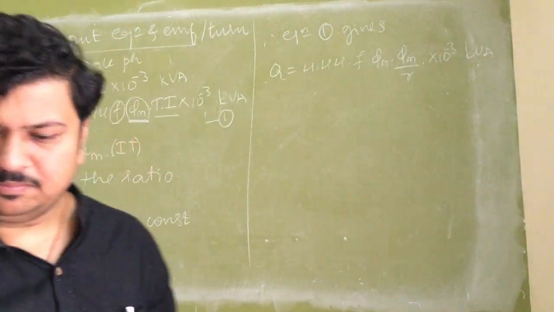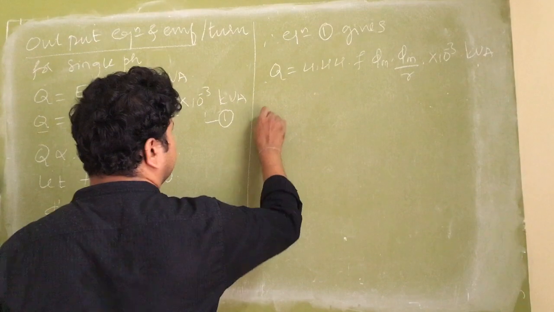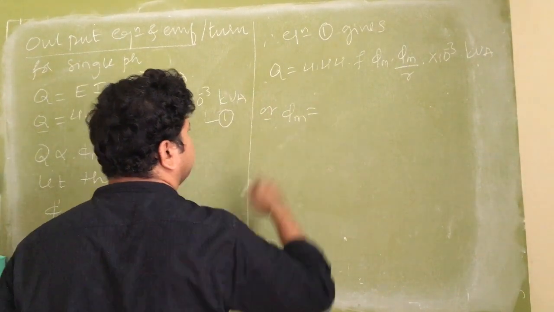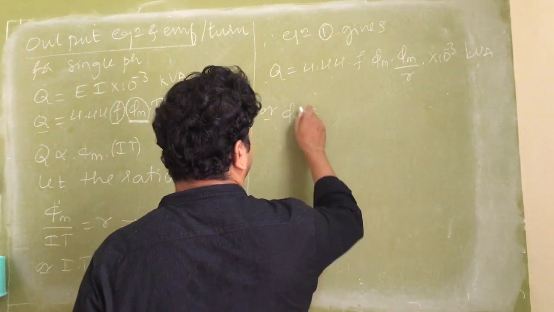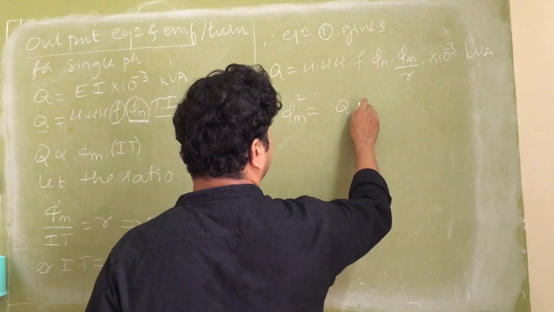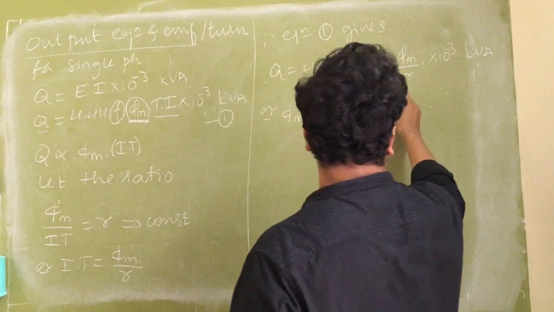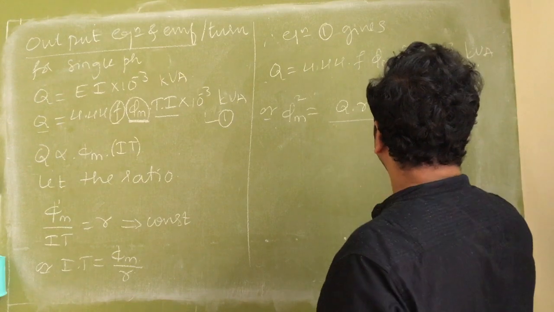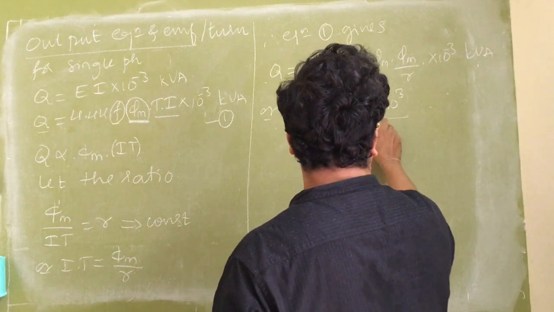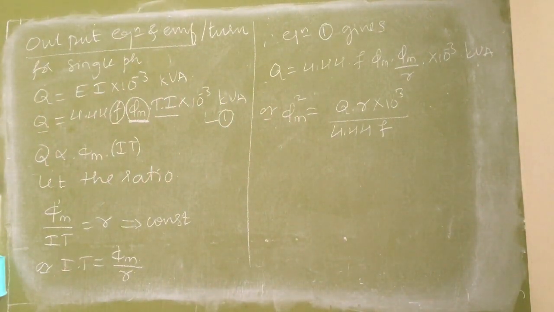In place of IT, I am placing phi m upon R. So phi m square is equal to Q into R into 10 to the power 3. This minus 3 will go to that side and become plus 3. 10 to the power 3 divided by 4.44 into F.